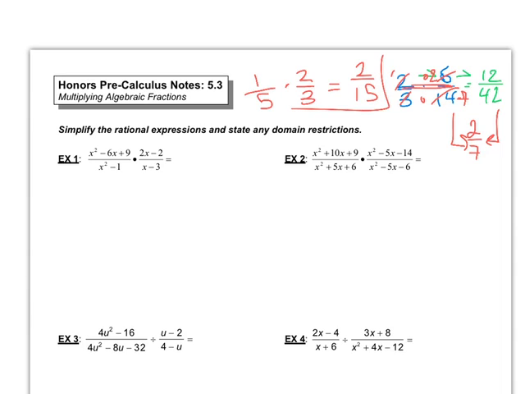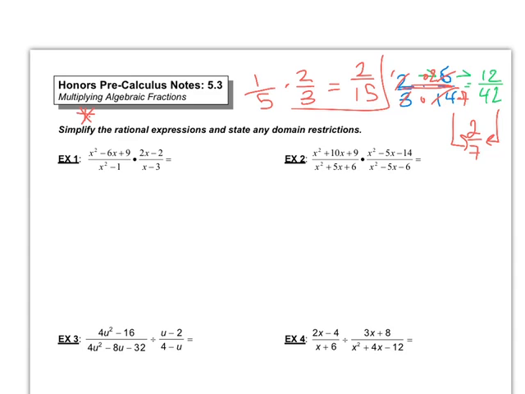When we're looking at all of these problems, as you can tell, these are mostly quadratic expressions, and they will mostly all be able to factor. That is always the very first thing you're going to want to do with these problems. Before we follow our process for multiplying fractions by multiplying the numerator and denominator, think about what would happen if you jumped right in and started multiplying by distributing: how many terms you would have, combining like terms, and then factoring in the end.